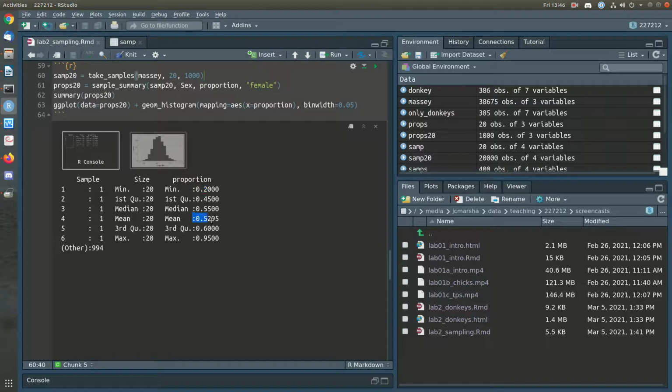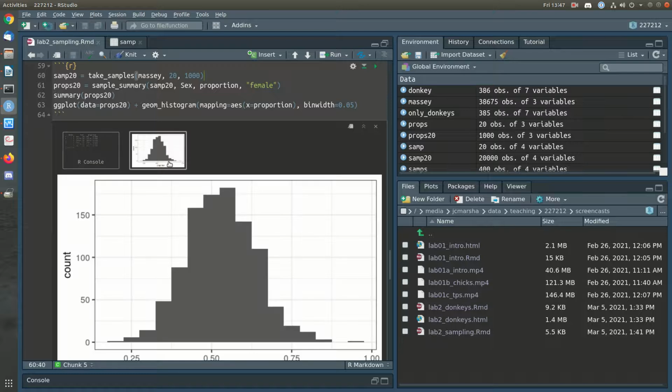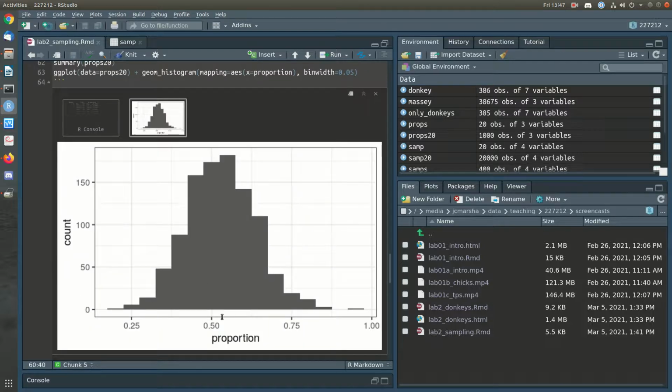We had as few as 20% female, so that would have been 4 females, 16 males. But again, on average, the proportion is 52.9%, which is very similar to the proportion in the population, which is 53%. You can see that the distribution of the proportions is centered on that true value, and again has that large spread.